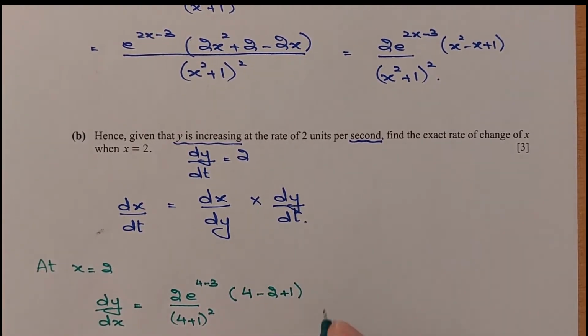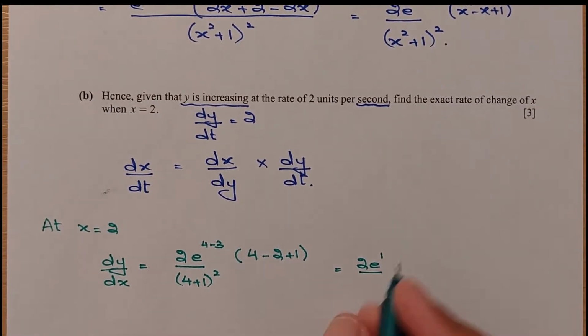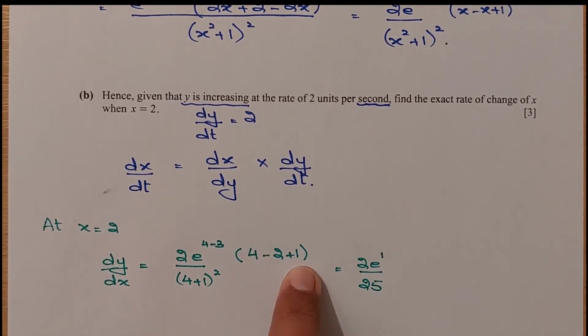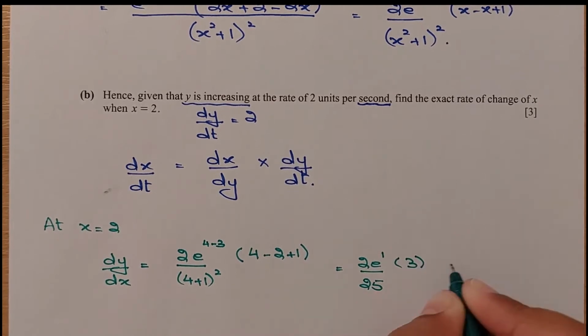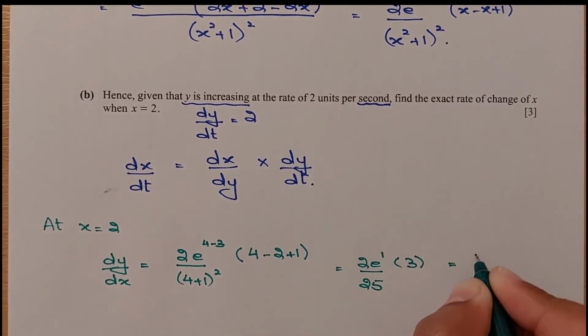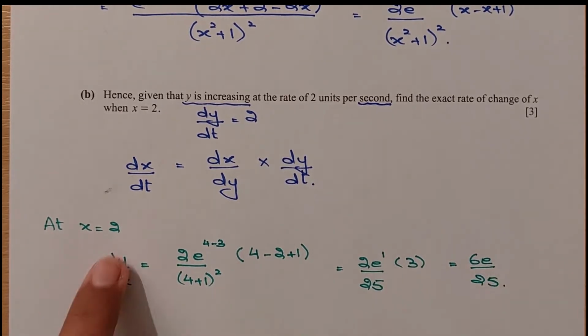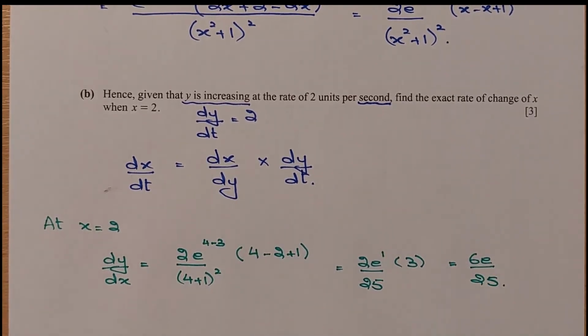Okay, further simplification, we have 2e^1 over 4 plus 1 is 5, and 5 squared is 25, and we have 4 plus 1 is 5, and 5 minus 2 is 3. So that is 2 times 3 is 6e over 25. This is dy/dx at x equals 2, but we need to find dx/dy, so we need to switch, taking the reciprocal.